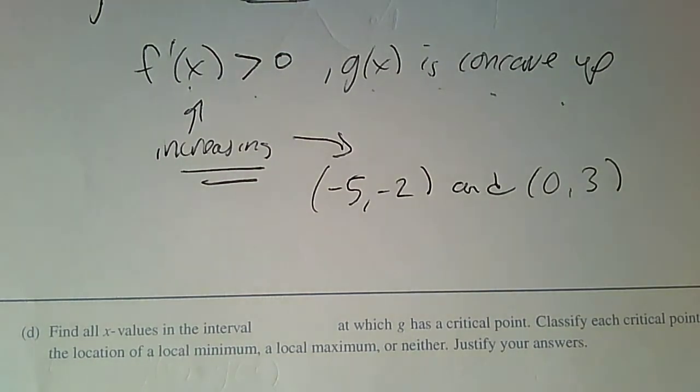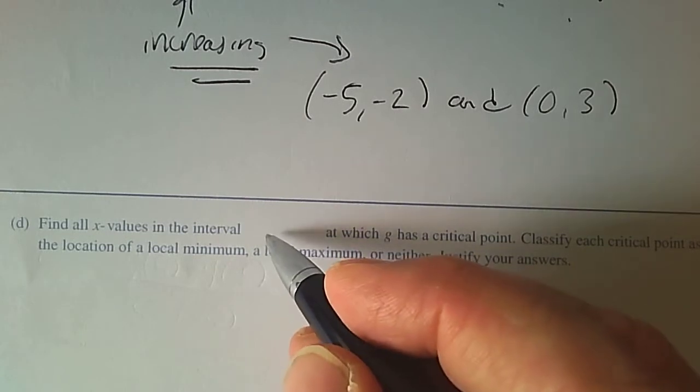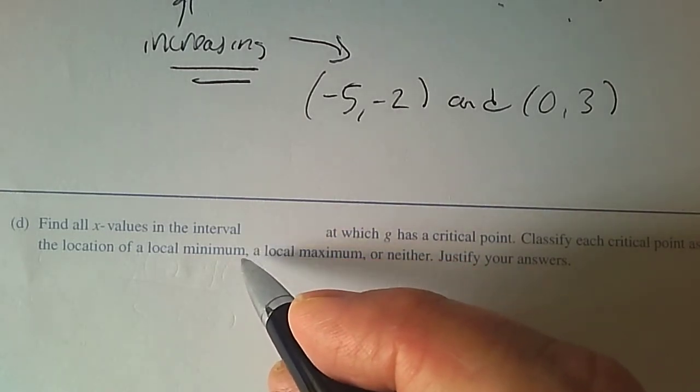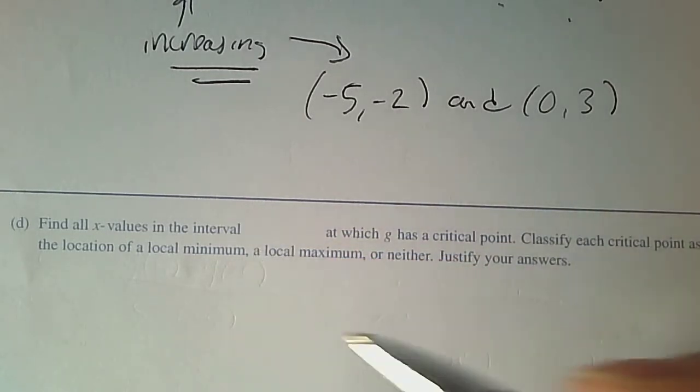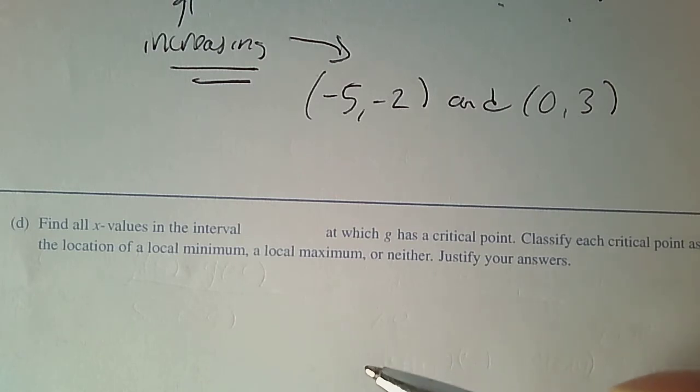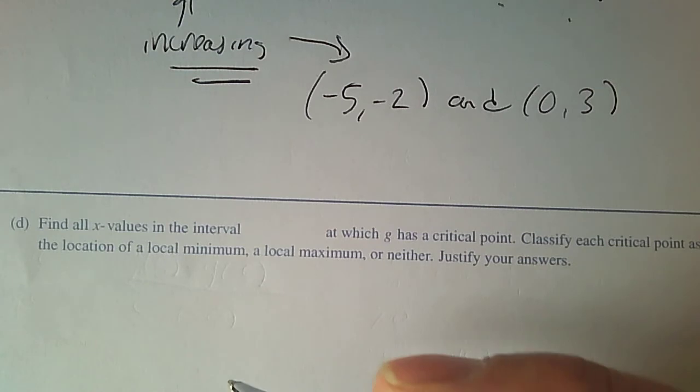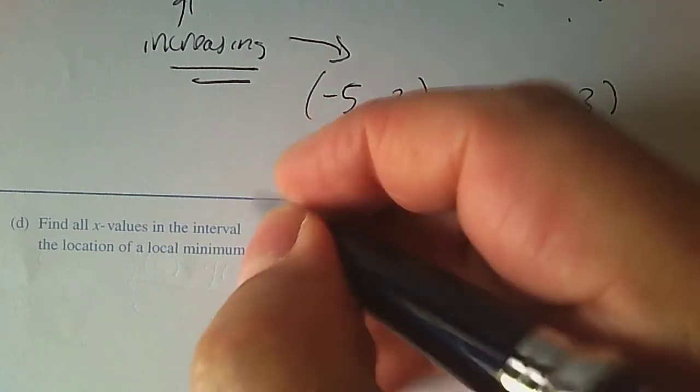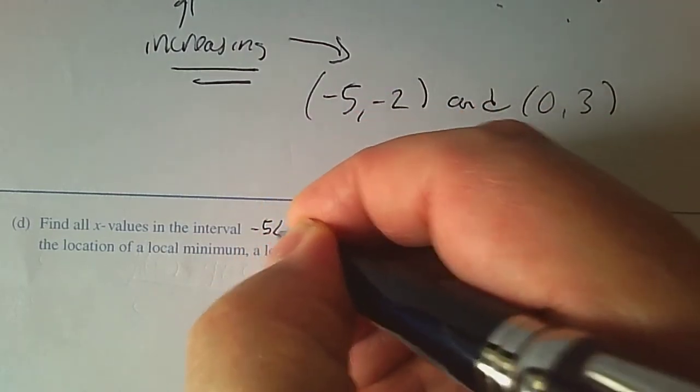All right, last question here. D. Again, my printer is having some issues. It left out some things here. So find all x values in the interval from -5 to 5, so that's the whole graph.